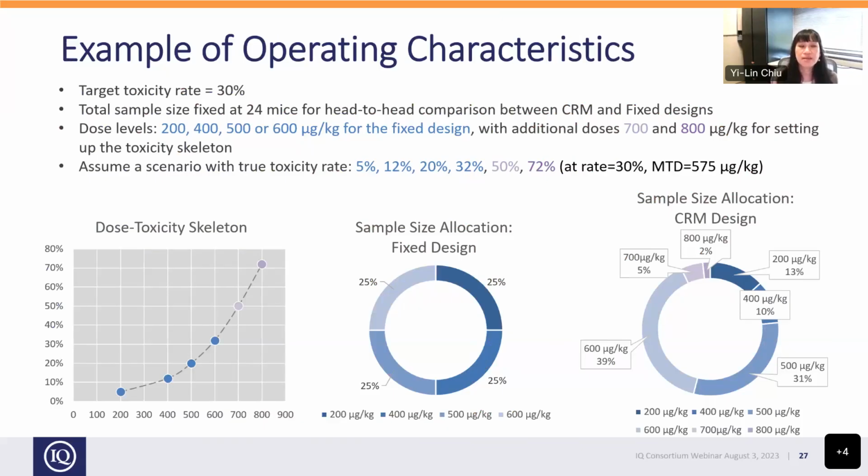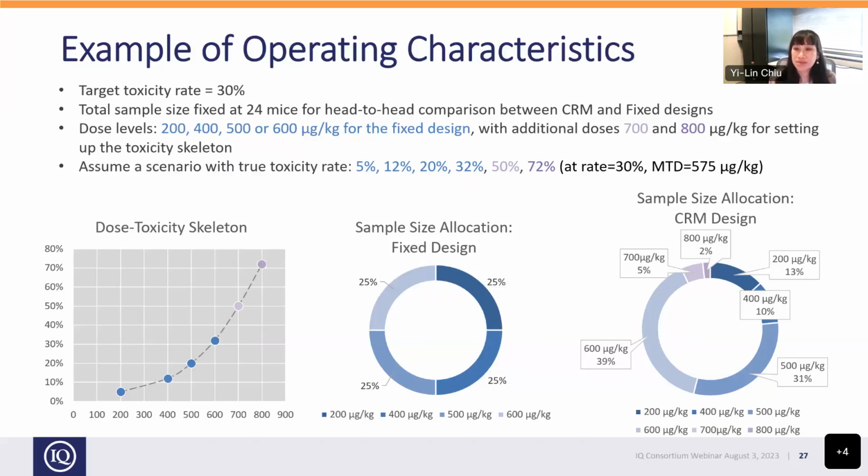But in reality, the design can stop prematurely if we observe quite a bit of toxicity at the beginning, or find no MTD, simply because of a point-tossing random process, right? The sample size allocation for the fixed design is not flexible, and if it goes well, it will be as expected as what we have designed.